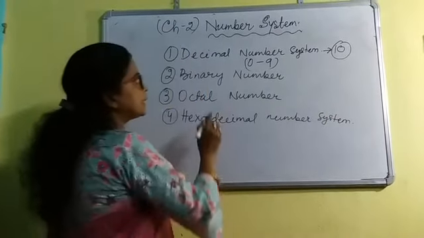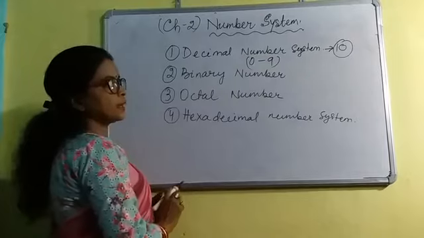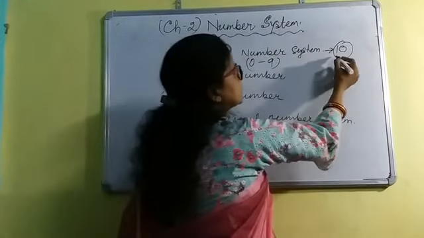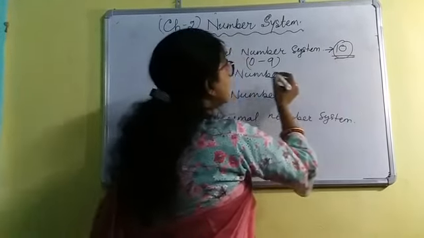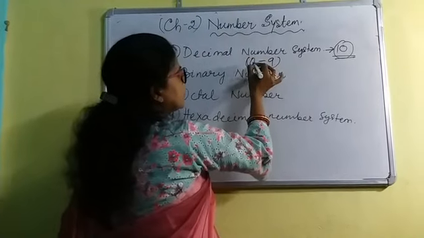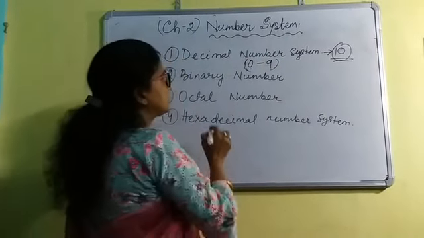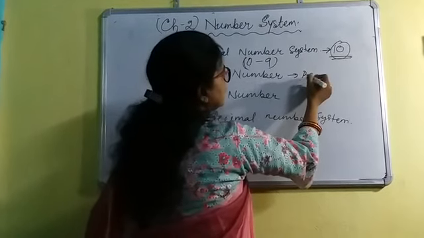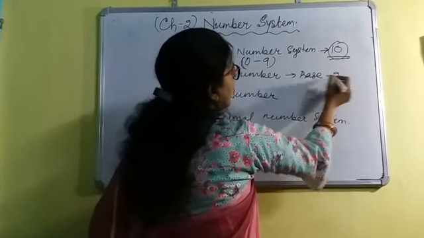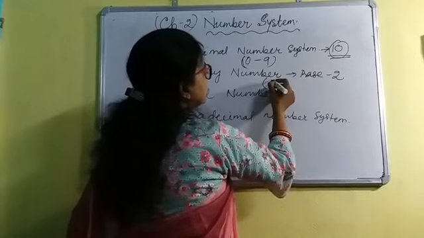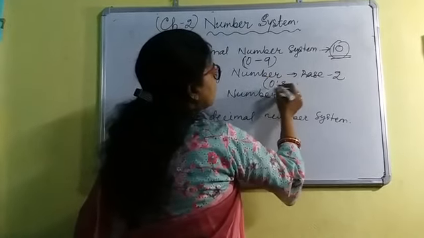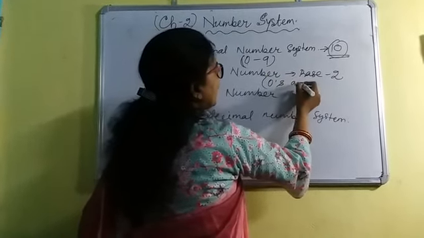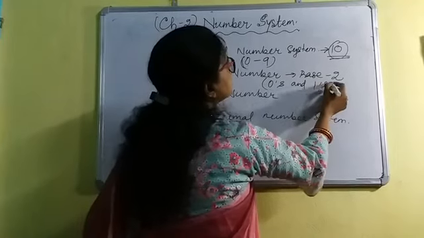Now, in the decimal number system, as I have already told, the base is 10 and the digits are from 0 to 9. In the binary number system, the base is 2 and it consists of the digits zeros and ones.